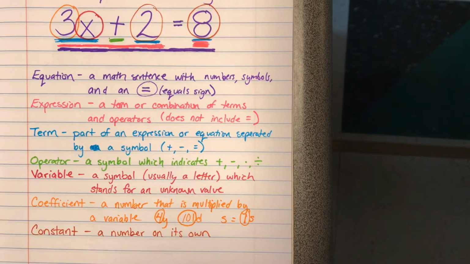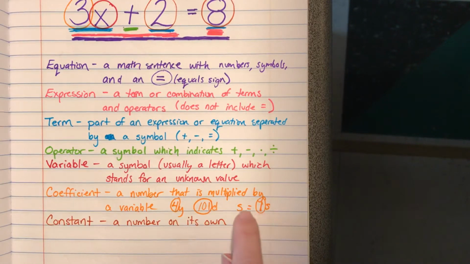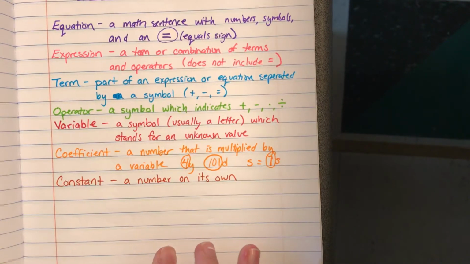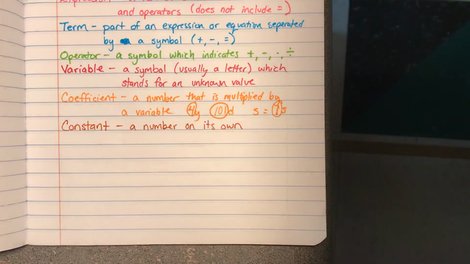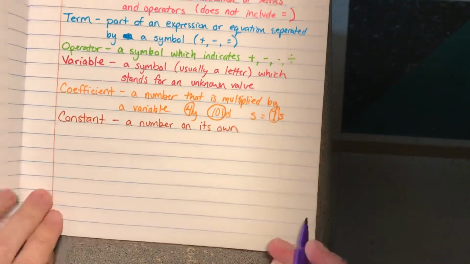We're going to practice these over the next couple of days. Don't forget this about the coefficient being 1 if it's just a letter on its own. I'm going to give you a couple of practice problems down here at the bottom, and I want you to see if you are able to use the vocabulary words to indicate these. I'm going to write out at least 6.